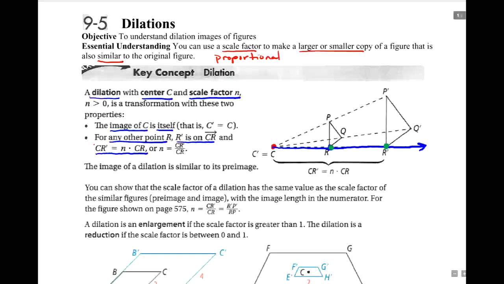So we're going to put a box around this big red box. Now, what does this mean? I guess we could underline this. Your image is similar, right? We've already said that that's proportional by a scale factor.